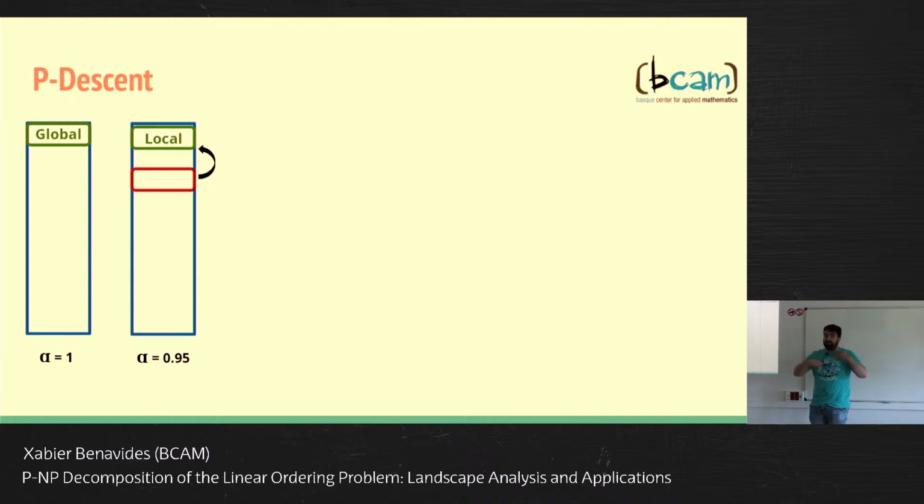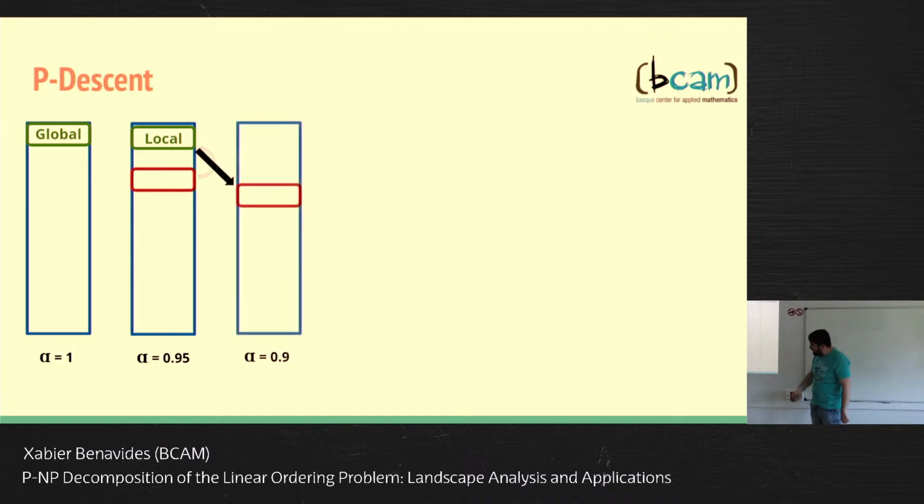Now we repeat this process once again. We create a new instance with a slightly higher proportion of the NP component, for example alpha equal to 0.9, and we perform a new local search in this new instance starting from the local optimum obtained in the previous instance. We continue repeating this process until we reach the original problem that we want to solve, that is, until we reach alpha equal to 0.